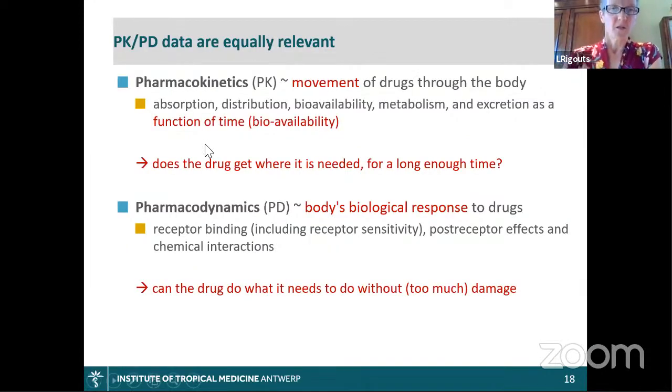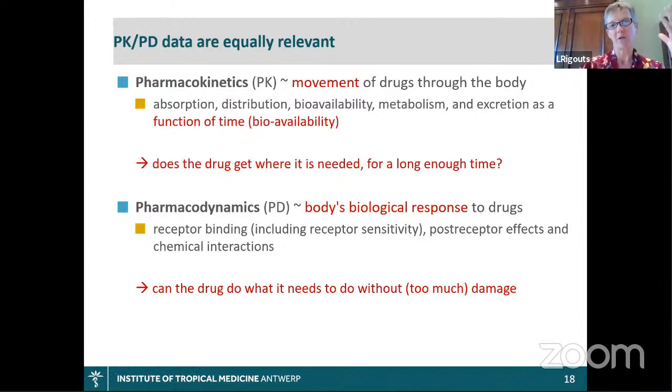But of course, it's not only the MIC distribution that is relevant to define whether there's treatment success or not. And also, we cannot just increase the dose of each single drug. Therefore, the PK/PD data are equally relevant. So the pharmacokinetics defines the movement of the drug through the body. So it's in function of time, and it mainly describes the bioavailability of the drug in the body.